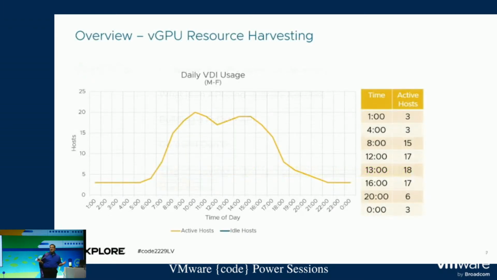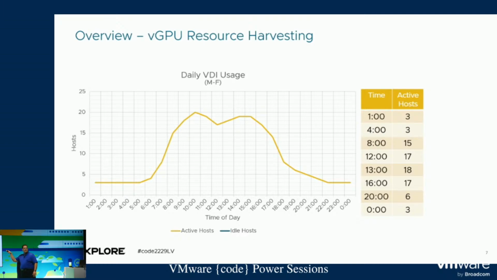So with that, let's talk a little bit about vGPU resource harvesting. Why on earth would anyone want to harvest vGPU resources? This is the impetus of the plugin. Here's a graph of what a typical environment running VDI looks like. You'll notice a lot of people are logging in at 7, 8, 9 o'clock in the morning.